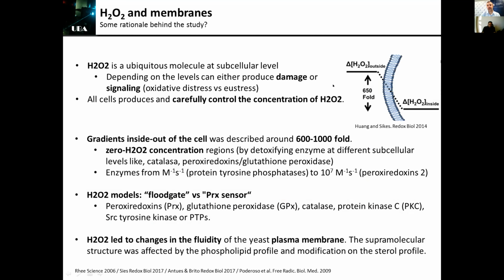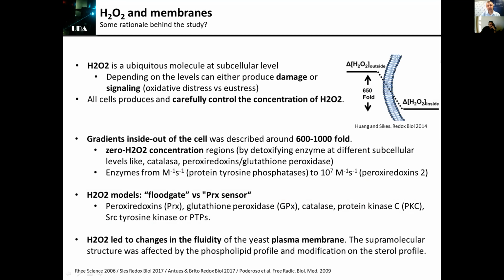Another important thing is that the distribution of hydrogen peroxide from outside the cell to inside the cell can change 500 or up to 1,000 times between the two places. And it's very interesting that there are some places in the cell where you have a zero amount of hydrogen peroxide. So if you have one molecule, it will do the work. And this is very important.